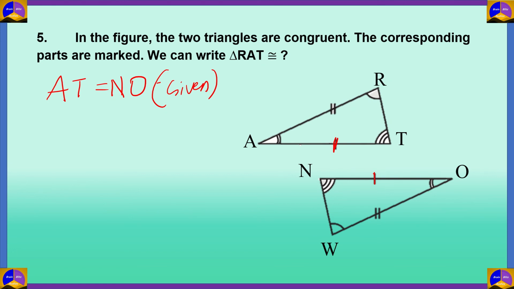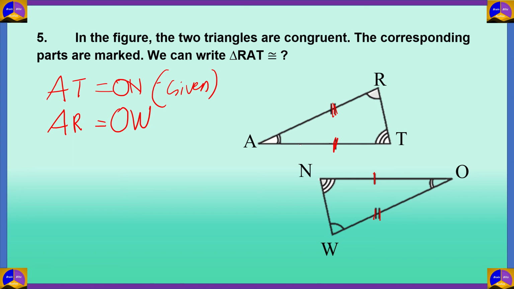Now, and also AR has two lines, and so does OW. So that means that AR is equal to OW. Now, for the first one is incorrect because it must be ON, since A is equal to O and T is equal to N. AT is equal to ON and AT is not equal to NO.